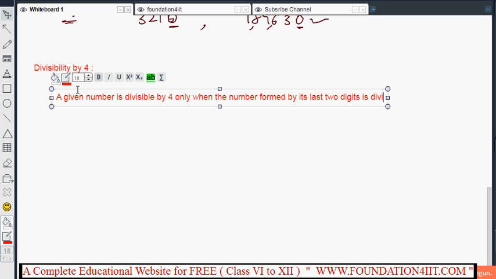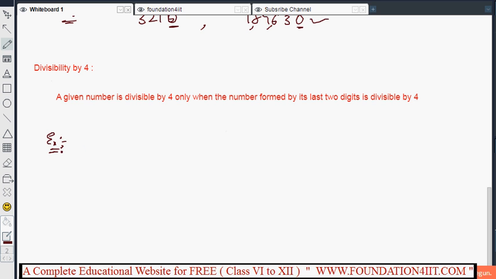So if the units and tens place together are divisible by 4, then that number is also divisible by 4.